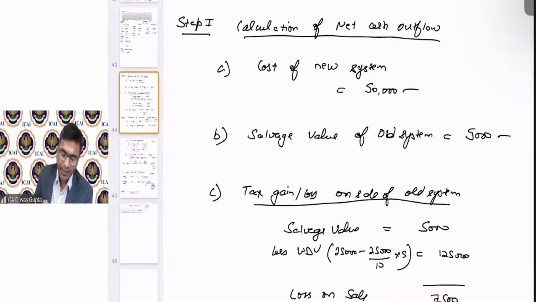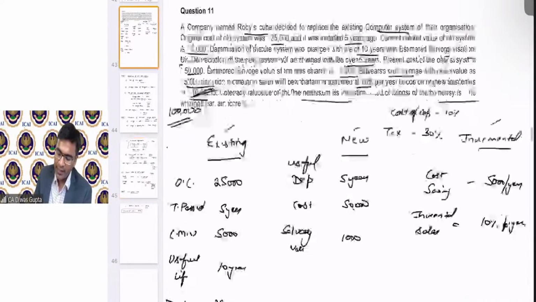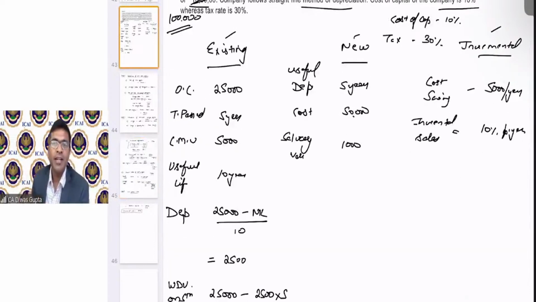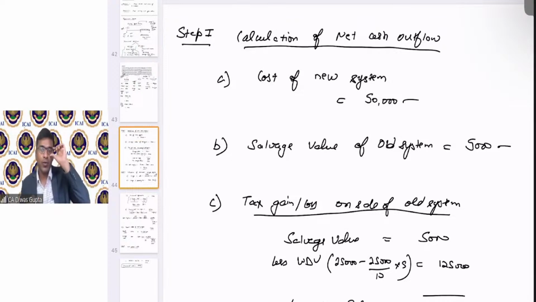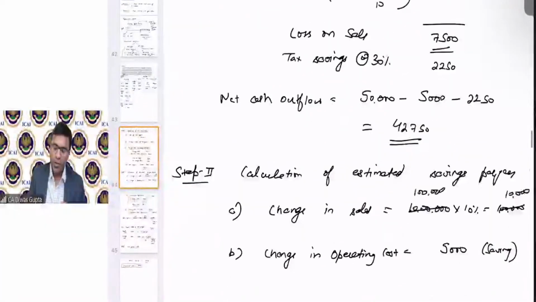So I think the concept here is that we have to put all the facts that are given into different buckets, existing, new and incremental, so that we don't miss anything. And accordingly, step-by-step calculation, first we will arrive at the incremental net cash flow. For calculating that, we will take the total amount as well as compute the salvage value of the old system and any tax implications on the old asset.